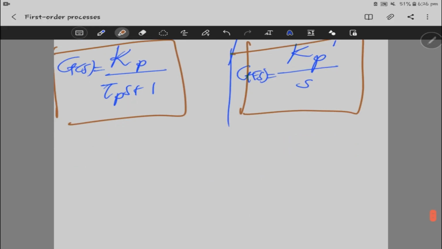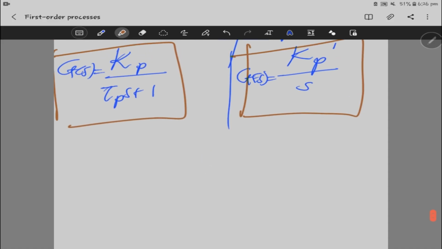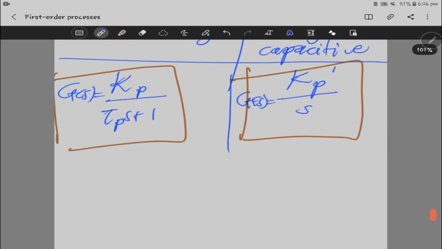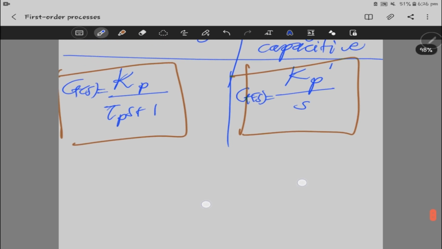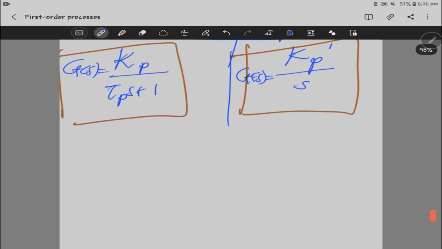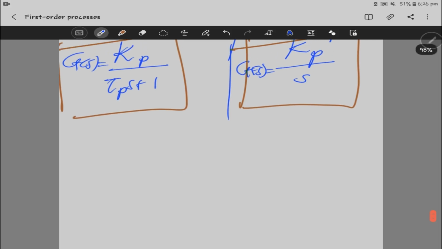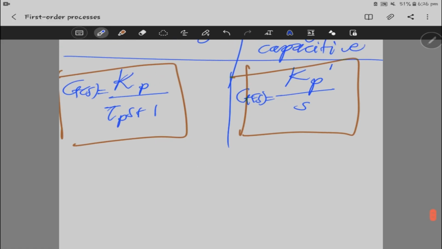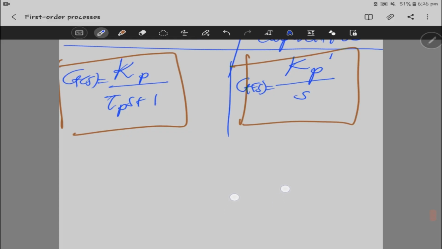So generally, whenever you have a first order system and there's a change in the input, the system responds in a particular way. As we've said, any particular system has a differential equation that describes it, and as such, it will have a particular transfer function that describes it, right?